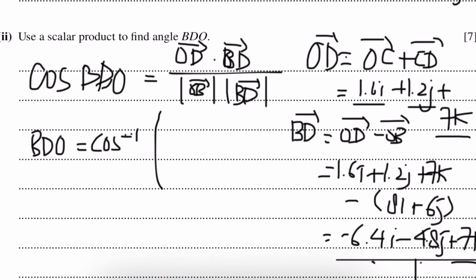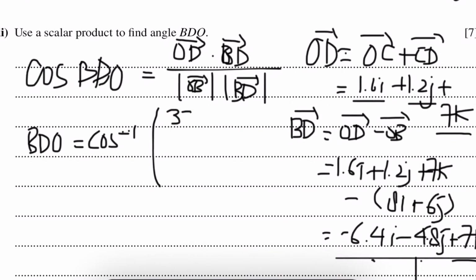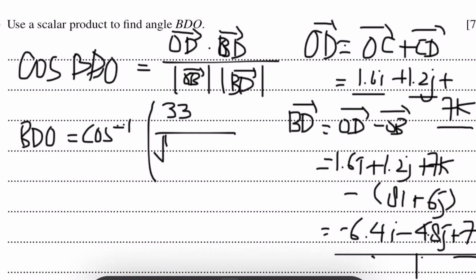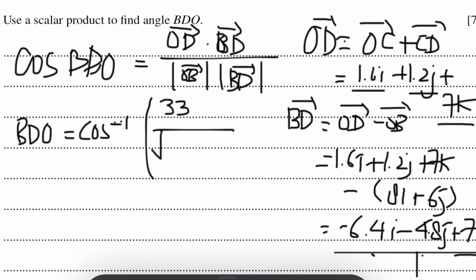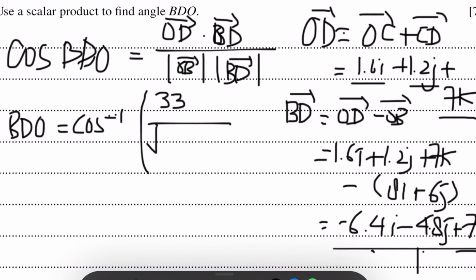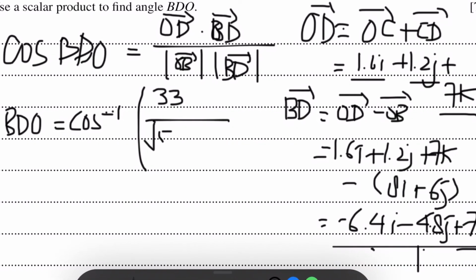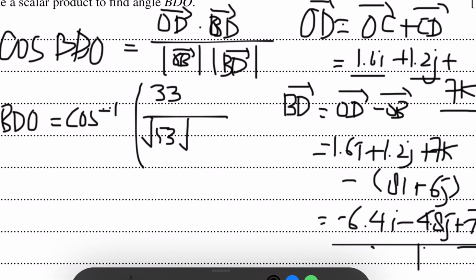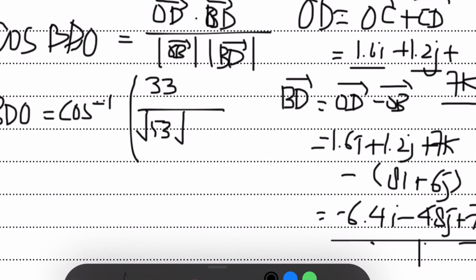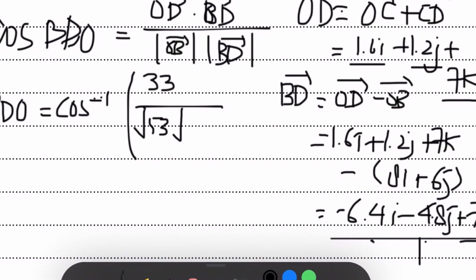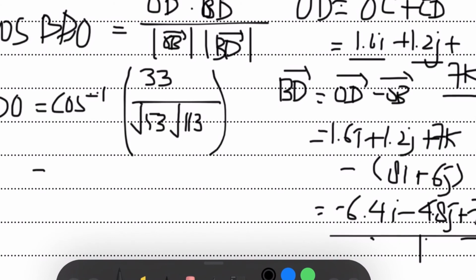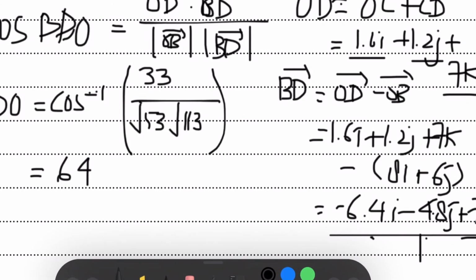So you will get 33 divided by the magnitude, which is the square root of 1.6 squared plus 1.2 squared plus 7 squared for OD. That will give you 53 multiplied by negative 6.4 squared plus negative 4.8 squared plus 7 squared for BD. That will give you 113. And your answer will be 64.8 degrees.